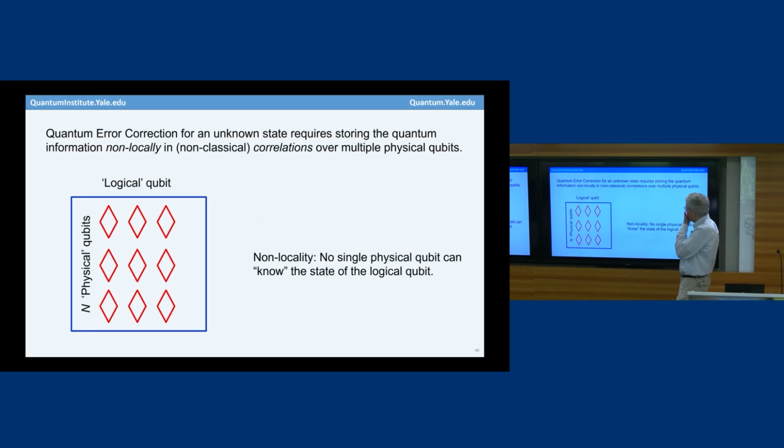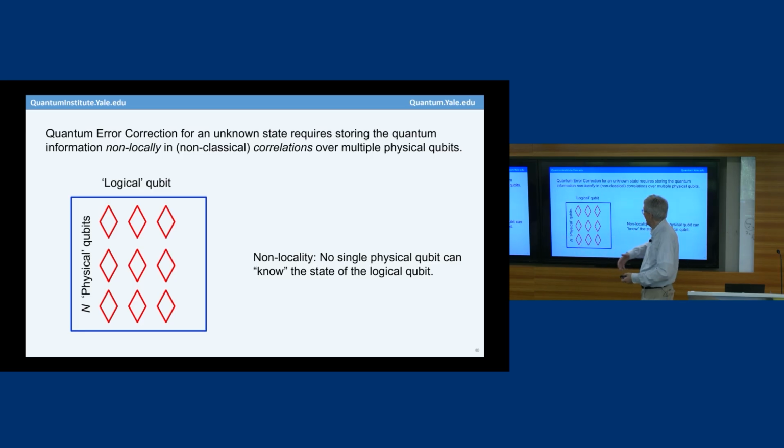Okay, so pictorially, we're going to create a logical qubit out of some number, in this case 9 physical qubits. And we've got to encode the logical qubit, a qubit in alpha 0 plus beta 1. The quantum information is in the coefficients alpha and beta.